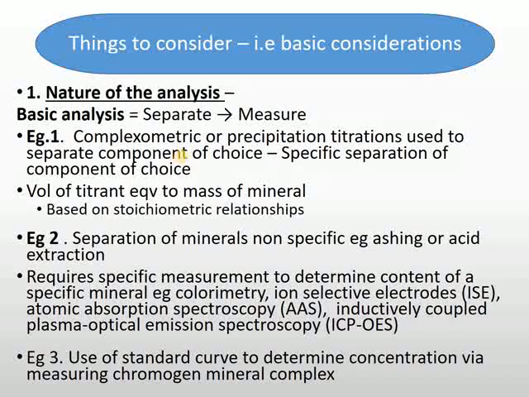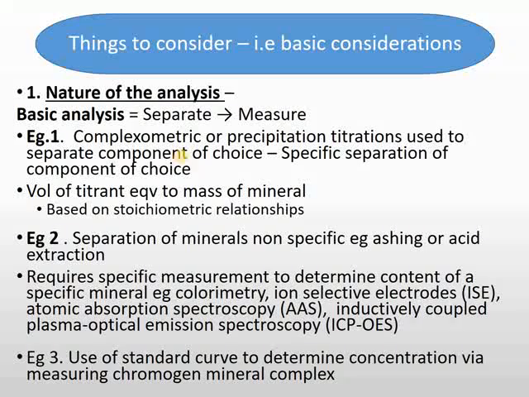But secondly, you can separate the minerals by ashing or acid extraction. Remember we mentioned ashing? We just did ashing, and then we said, okay, we're just looking for the crude minerals. But in other analyses, you can go further. You can take that ash and continue with it and do other tests.